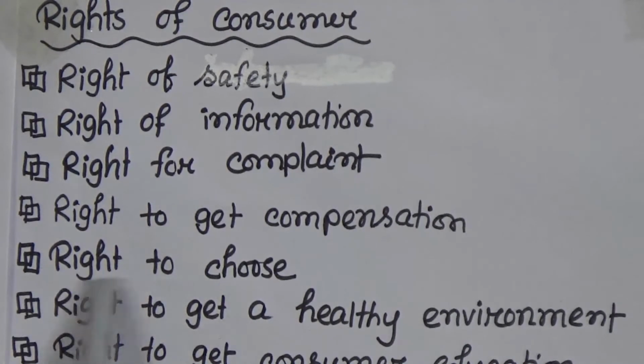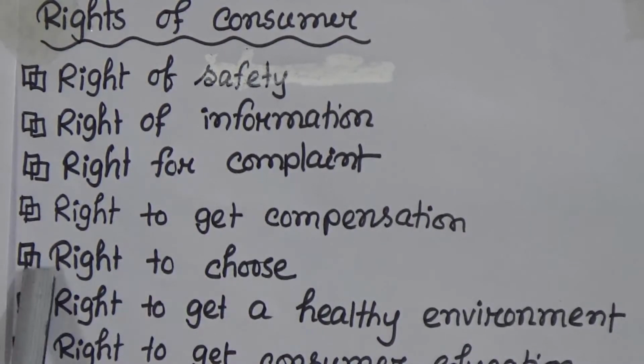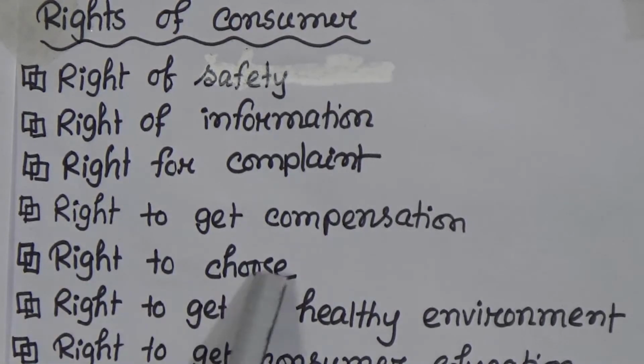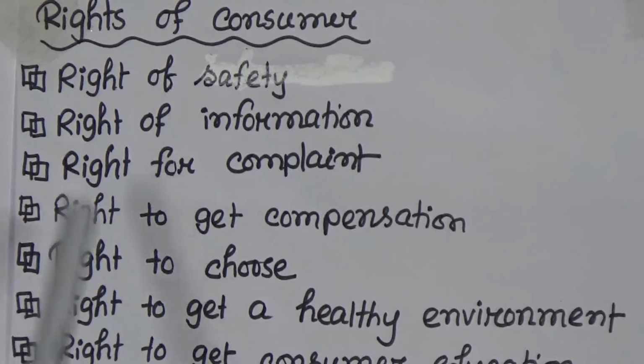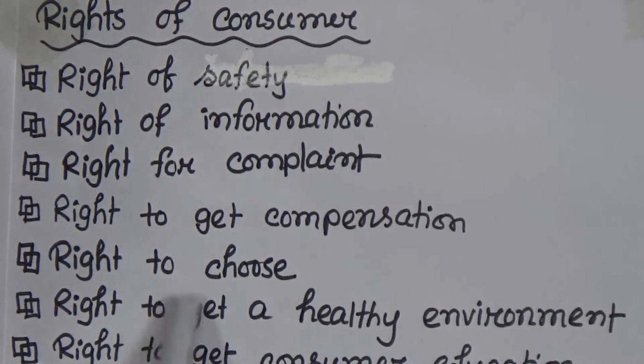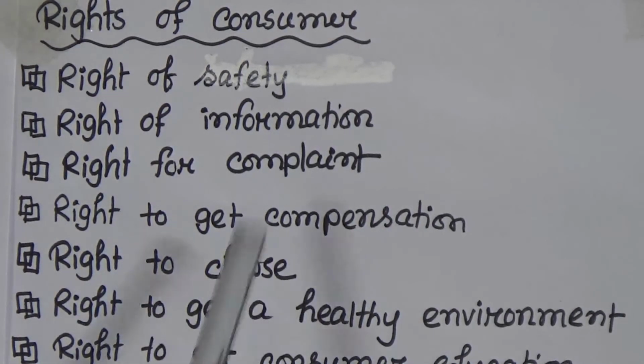And the next one is the right to choose. A consumer has the right to choose. That means if any consumer wants to buy anything, then he or she can see a lot of products, and from those products he can take any one or two. So he must have the right to choose.